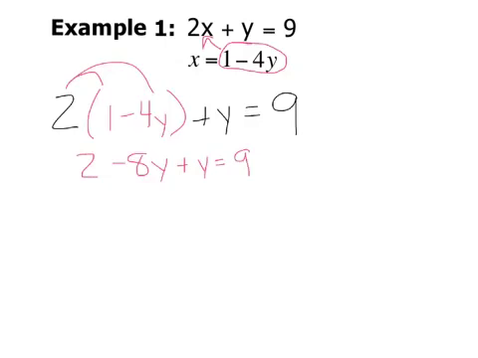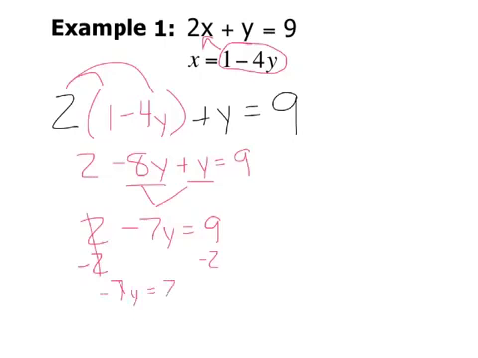If they were opposite sides, I would do opposite operations, but since they're on the same side, I do what I see. So what is negative 8y plus y? Negative 7y, right? So 2 minus 7y equals 9. And then I just solve. So I subtract 2, negative 7y equals 7. Divide by negative 7, and I get y equals negative 1.